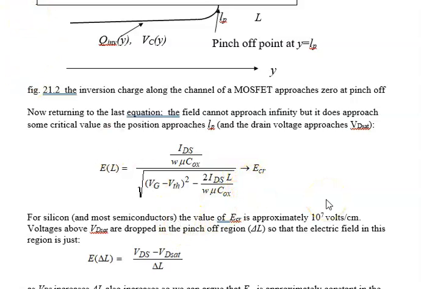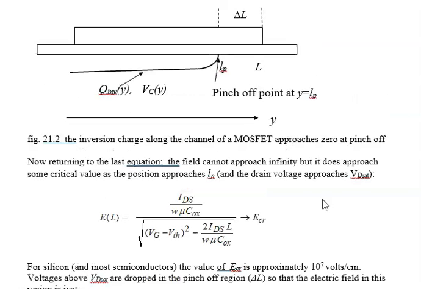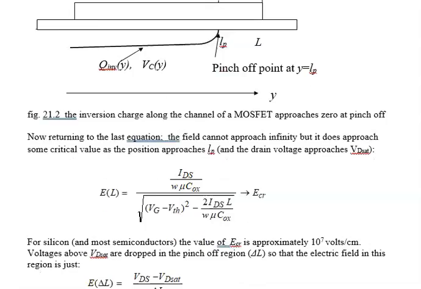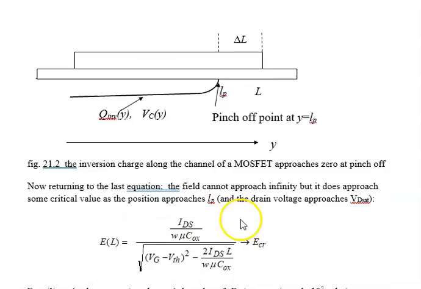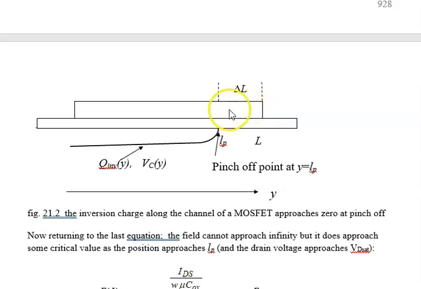So here's how the argument goes. For voltages greater than VDSAT, namely VDS minus VDSAT is positive, I drop all of that across this region right here because this is the high resistance region. Basically what we have is two resistors in series, a low resistance and a high resistance.